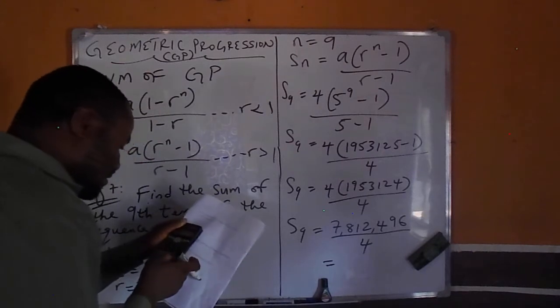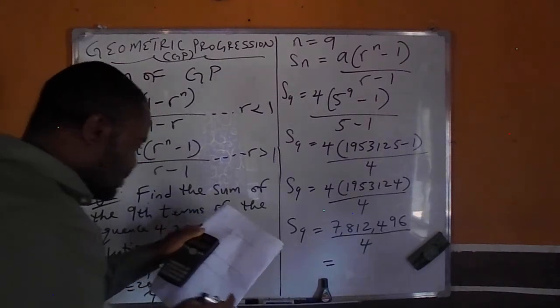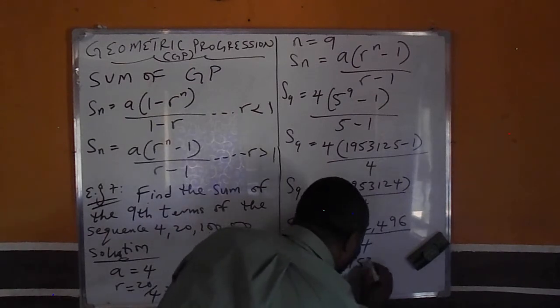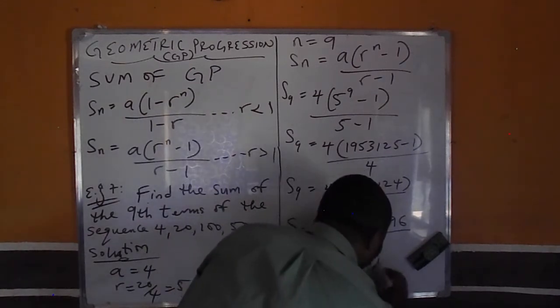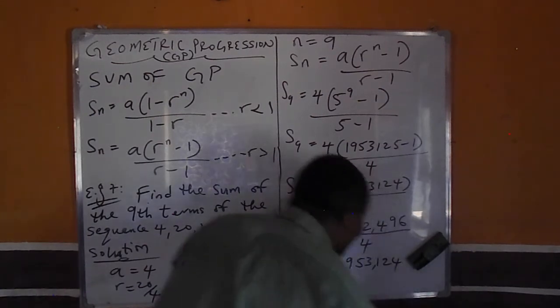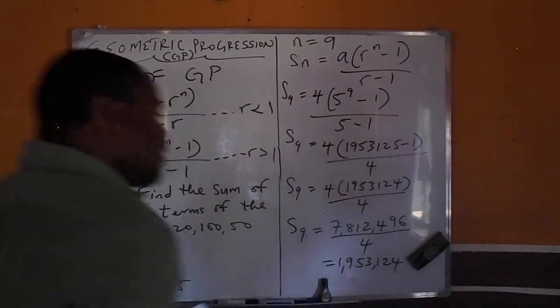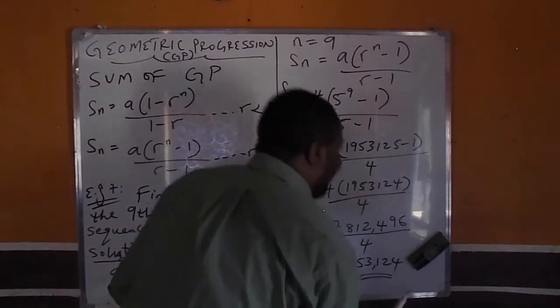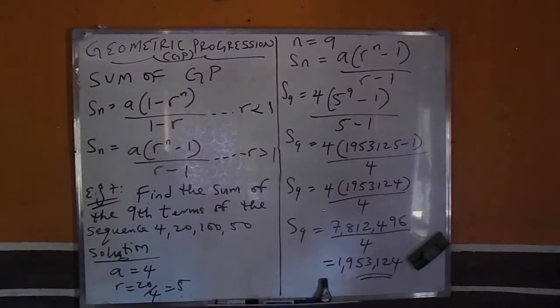Our final answer, when we divide by 4, we now have 1,953,124. This is our final answer.